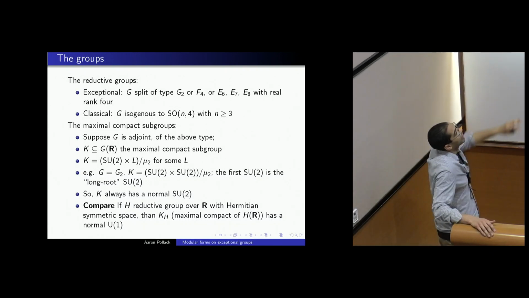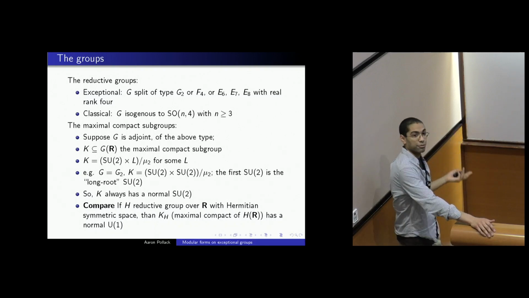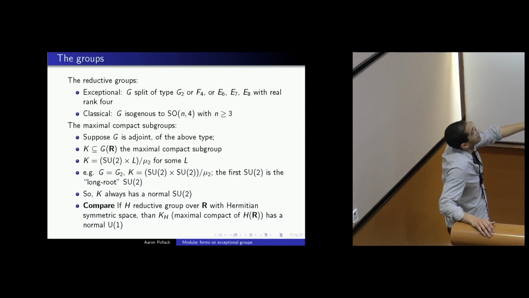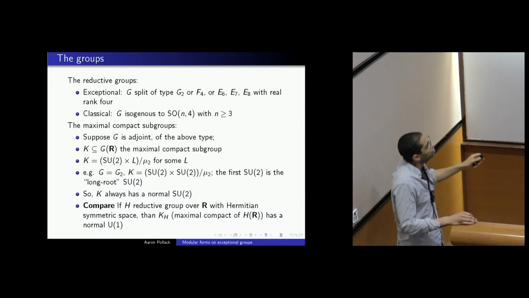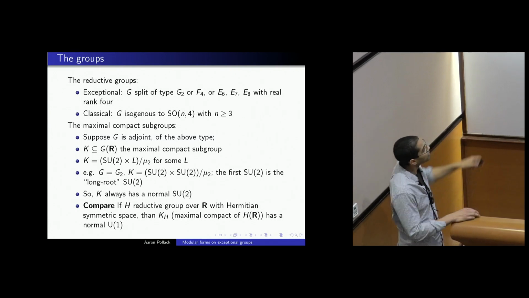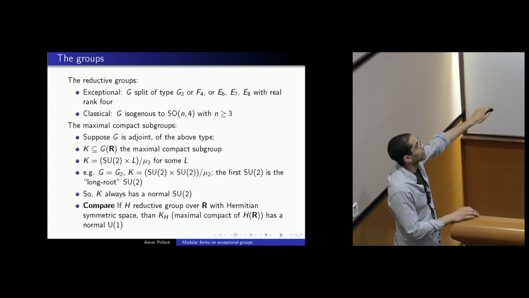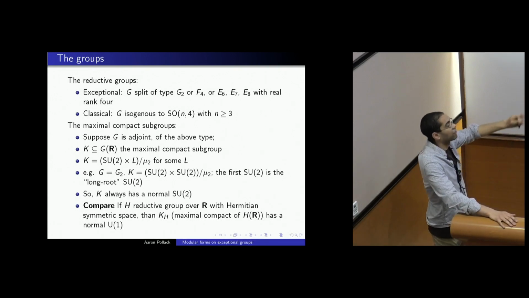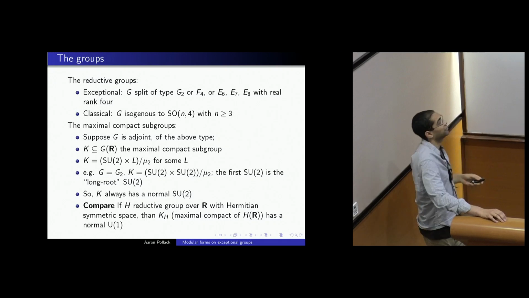And in particular, for all of these groups, the maximal compact always has a normal SU2. That's an important property that was singled out by Gross and Pollack. To compare this with the Hermitian symmetric space case, if H is a reductive group that has a Hermitian symmetric space, then the maximal compact always has a normal U1 subgroup.